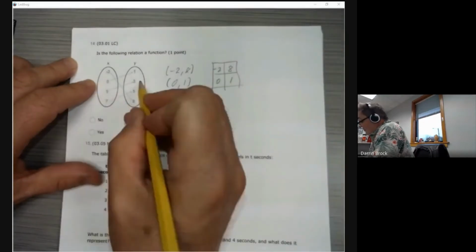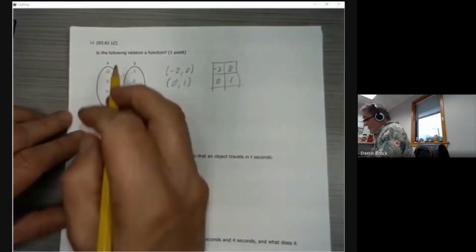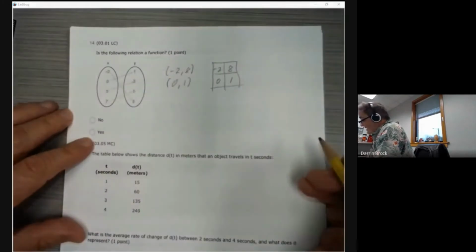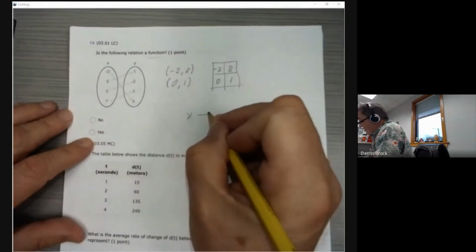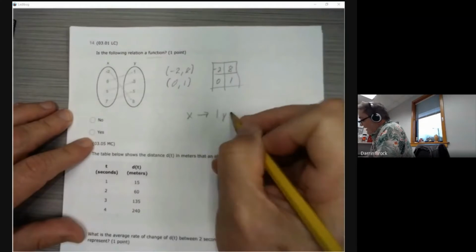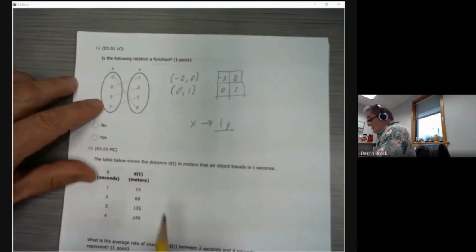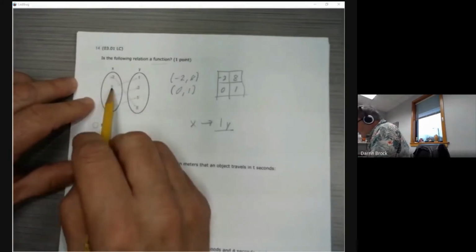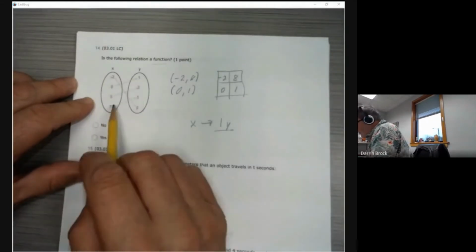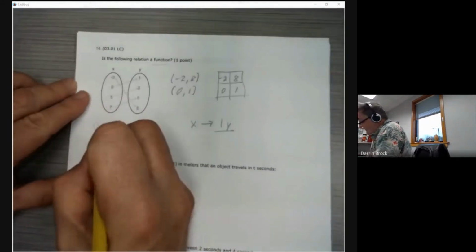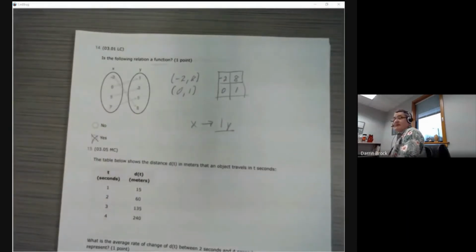Same thing, 5 goes with 3, 7 goes with 5. Is this a function? With a function, each x only gets one y. So did any of these x's get 2 y's? That x only got 1 y, that one only got 1, that one only got 1. Yep, that's a function.